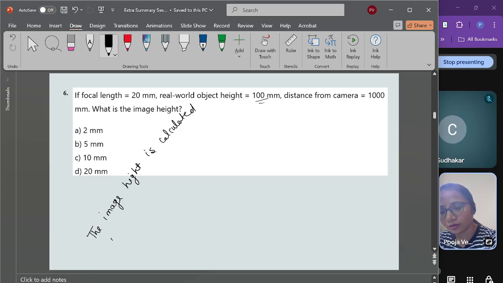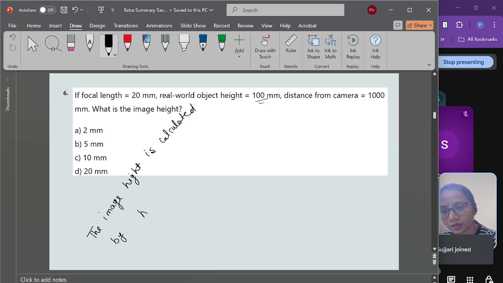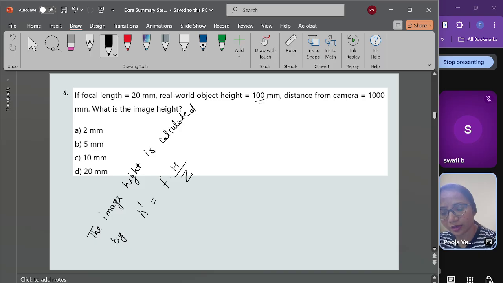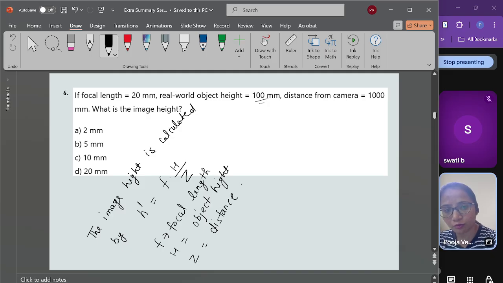The image height, let's say h dash, is calculated as f times h by z, where f is our focal length, h is the real world object height, and z is the distance from the camera. So this is a direct formula-based question.